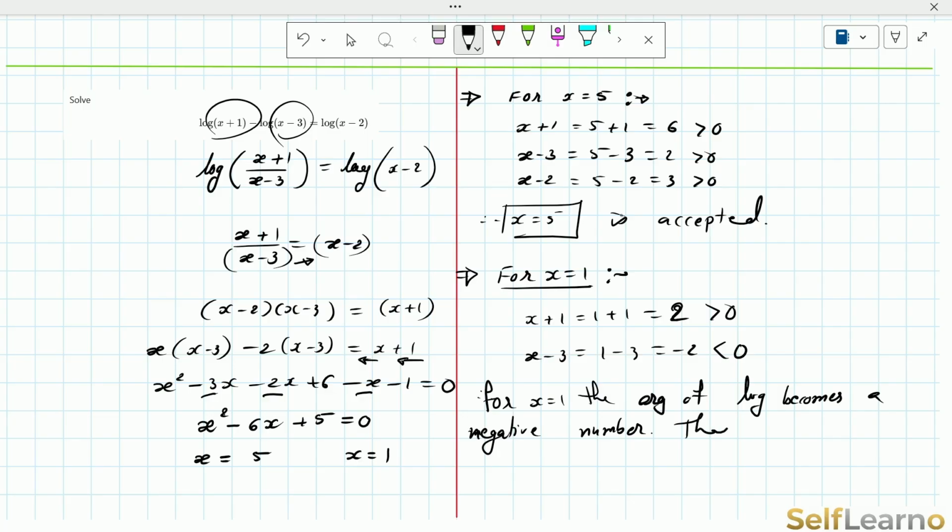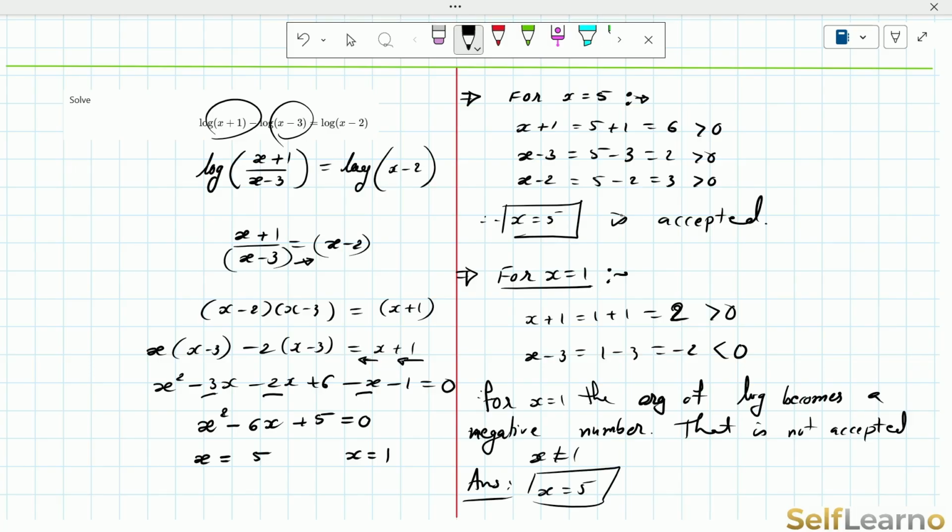That is not accepted, right? So x equal to 1 is not accepted. Therefore, x is not equal to 1. So the final answer, the solution of the equation, is x equal to 5.